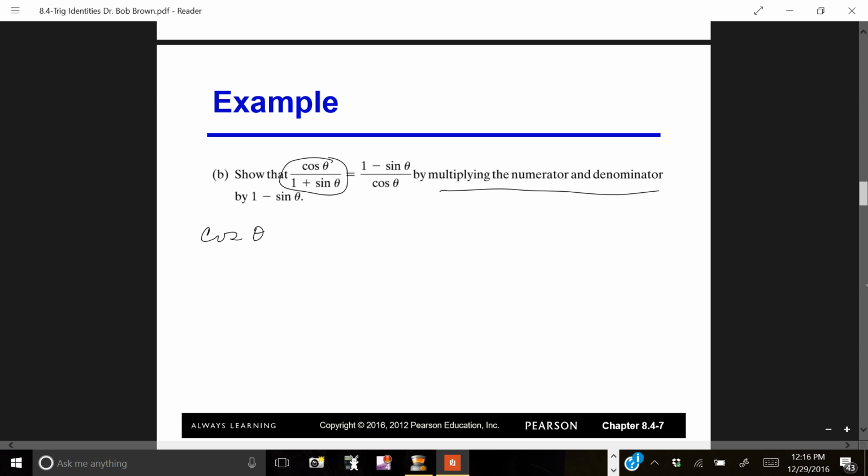Cosine of theta over 1 plus sine of theta. We're going to multiply the numerator and denominator by the same thing, 1 minus sine of theta. And we're going to see in some cases this helps a whole lot.